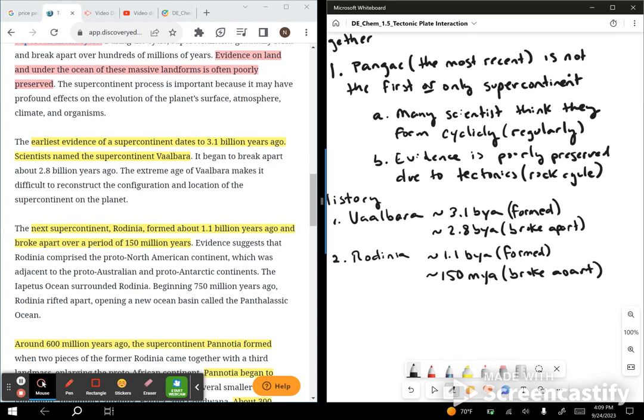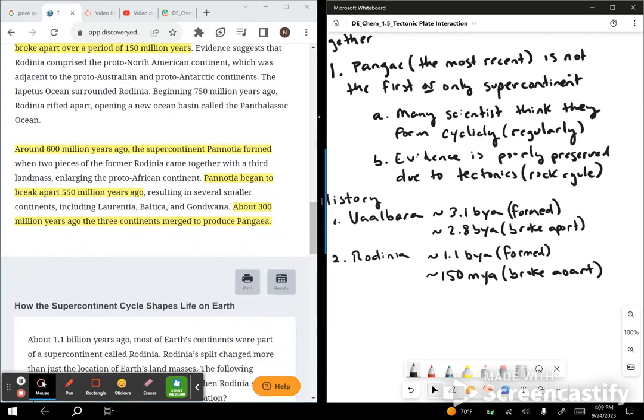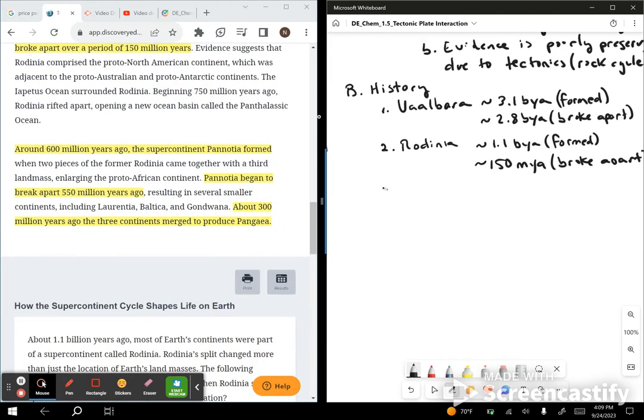And if we continue down our text, we can see that around 600 million years ago, the supercontinent Pannotia formed. Pannotia, approximately 600 million years ago, and it broke apart about 550 million years ago. We'll just say formed and broke, just to speed up our process here.